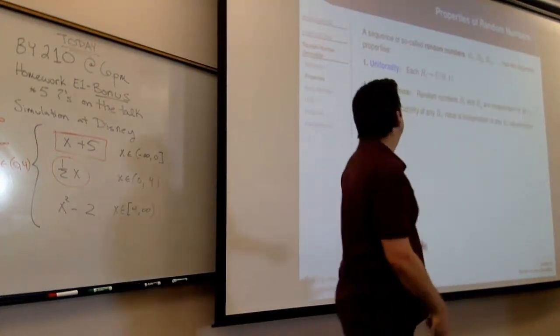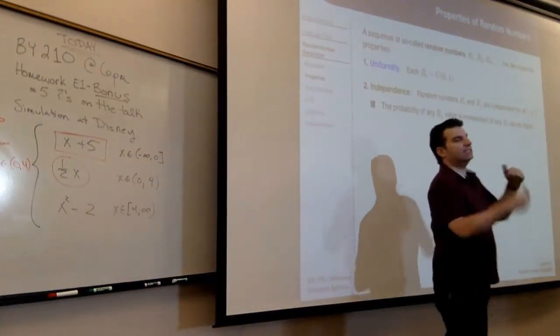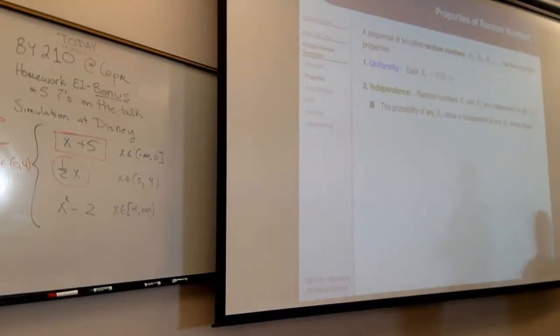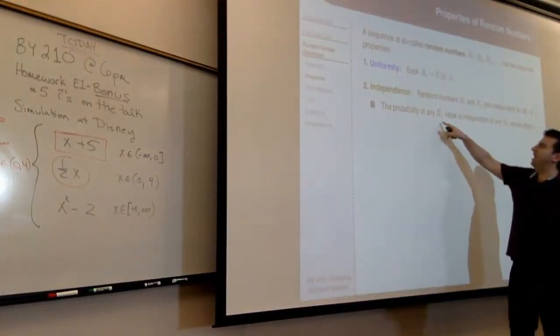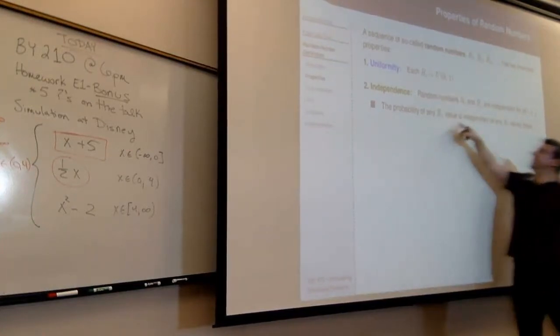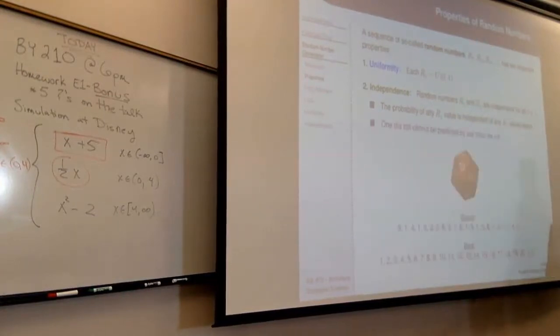The next thing is independence. Independence is that if I have 2 rolls, and they aren't necessarily next to each other, they could be separated, I don't want any roll to affect the probability distribution of another roll. The probability of any future draw from this distribution is independent of any previous values that are drawn.